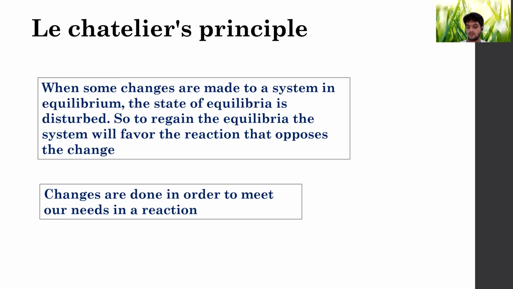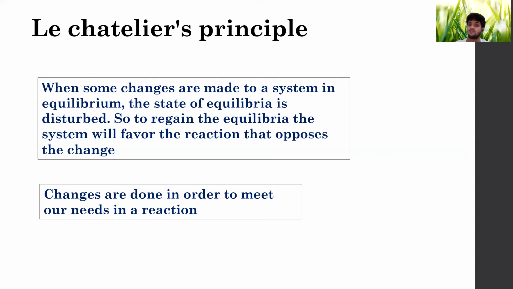Now, if someone asks who Le Chatelier is, Le Chatelier is a scientist who found this particular concept. What it means is, say a reaction is in equilibrium, right? Your chemical reaction is in equilibrium, it's perfect, but you make a change to it. You change a certain factor, maybe temperature, maybe concentration.